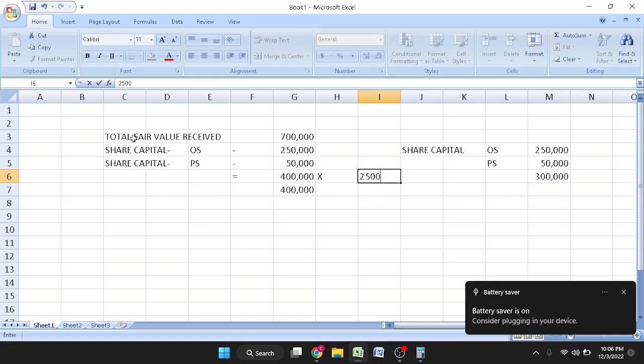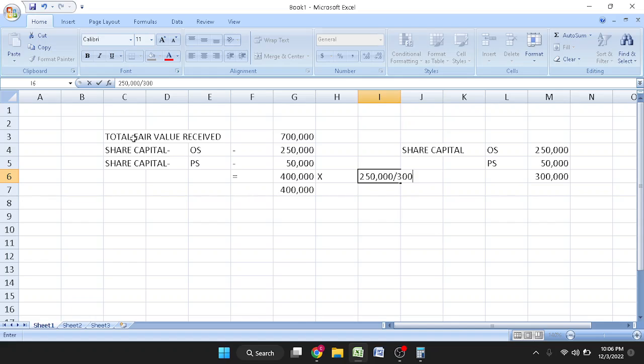250 divided by 300 here, and we could use 50 divided by 300 here.